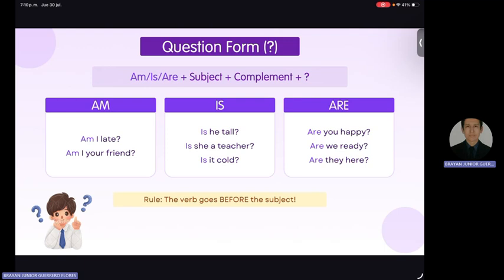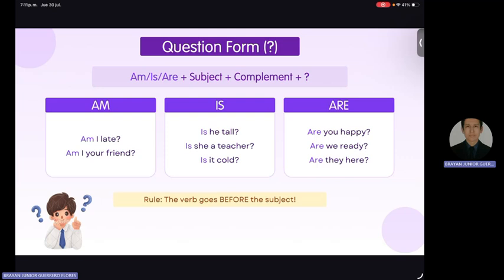Am I your friend? Yes, excellent. Now we go to is. You have to use the verb to be first. Is he tall? Is she a teacher? Is it cold? And with are, the same. Are you happy? Are we ready? Are we there? Or are we here? Okay?